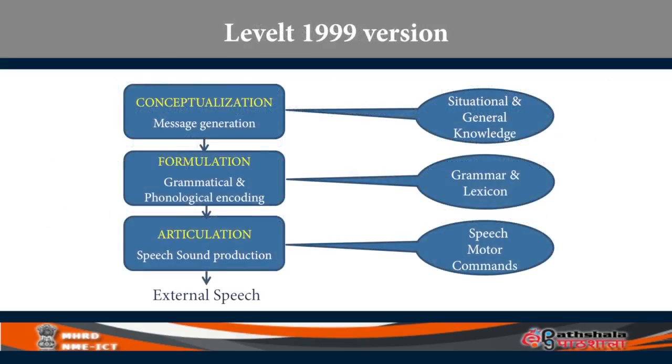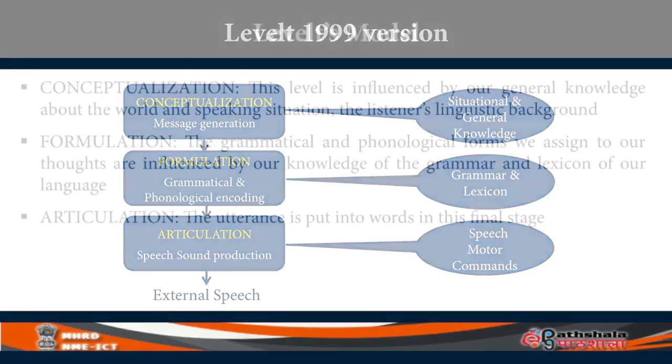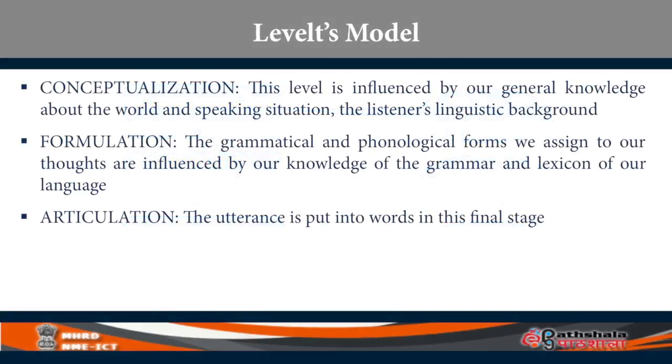That is the grammatical and phonological encoding, the second stage that you saw in the previous picture. He calls it formulation, because before that the concepts are not verbal, not linguistic, they are pre-verbal concepts. Now we are formulating them into the linguistic level.